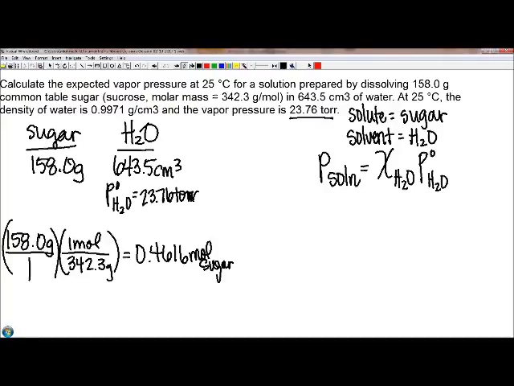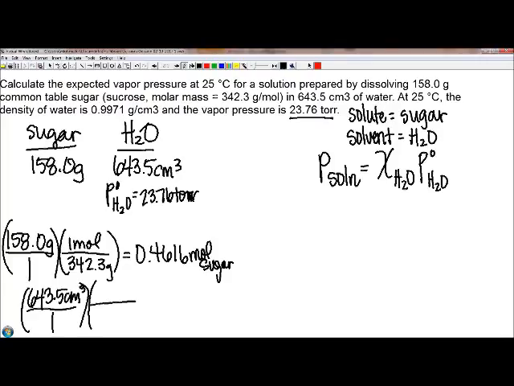Okay, for the water it's going to be a little bit more involved, because we're going to use the cubic centimeters and the density given to get grams, and then we have to go to moles. Okay, so I'm just going to do it all in one step. So we have our 643.5 cubic centimeters over 1.